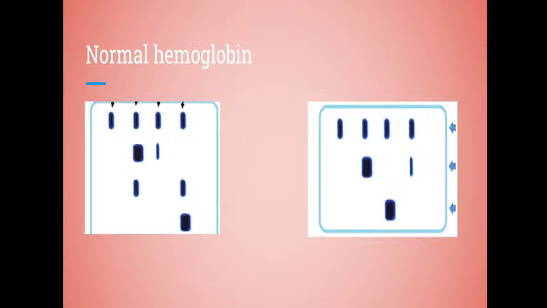What type of patients will have a fat band on their hemoglobin S and a small band on hemoglobin F? Patients with HBS trait or HBS disease.